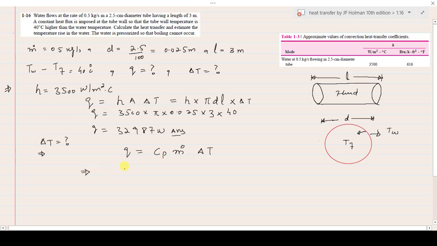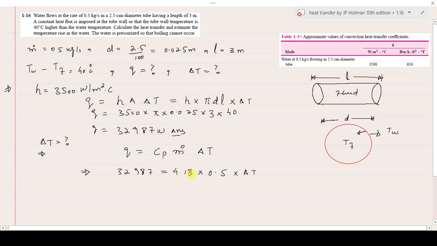So what is Q? That is 32,987, equal to the Cp value, that is constant 4.18, multiplied by mass flow rate, that is 0.5, and temperature difference, that we need to calculate.